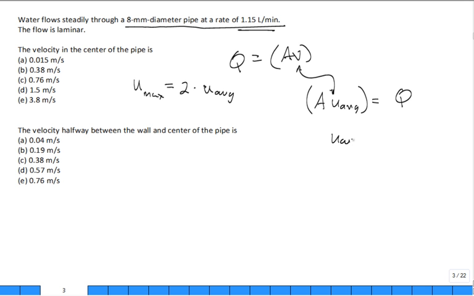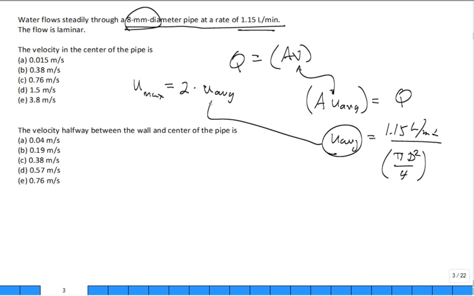So U average for this problem is the volumetric flow rate, 1.15 liters per minute, divided by the cross-sectional area for an 8 millimeter diameter pipe, pi d squared over 4. You get the right units, make it work. Get the average velocity, multiply by 2, get the maximum velocity, and that's the velocity at the center of the pipe, assuming it's fully developed and laminar flow.